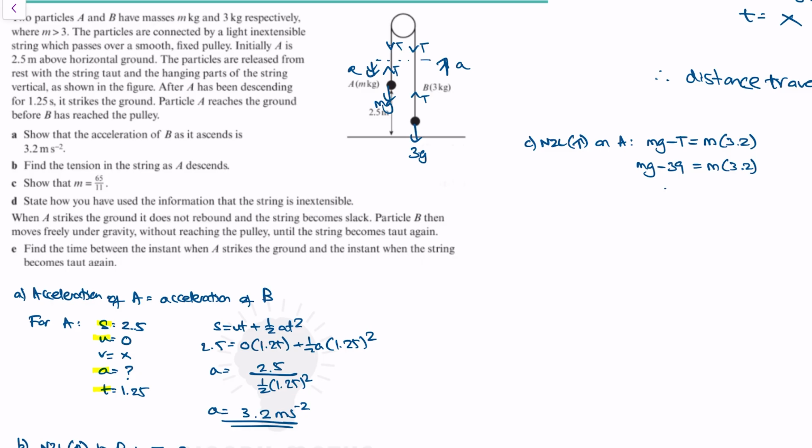Rearranging, 39 is equal to mg minus m times 3.2. If I factorize, 39 equals m times (g minus 3.2), which means m equals 39 over (g minus 3.2), which works out to be 65/11 kg.